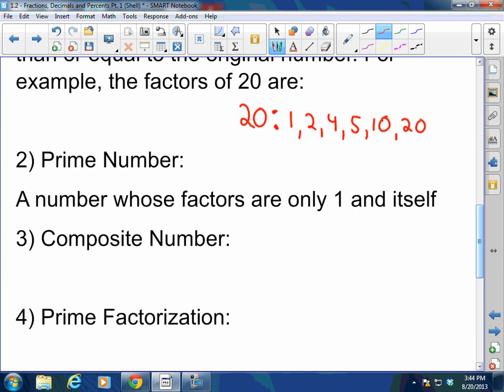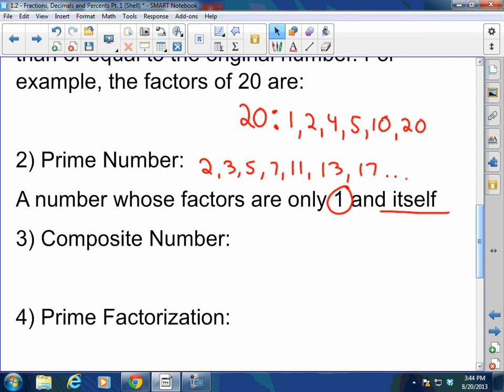So what are some prime numbers? 2, 3, 5, 7, 11, 13, 17, etc. Prime numbers are numbers whose factors are only 1 and itself.